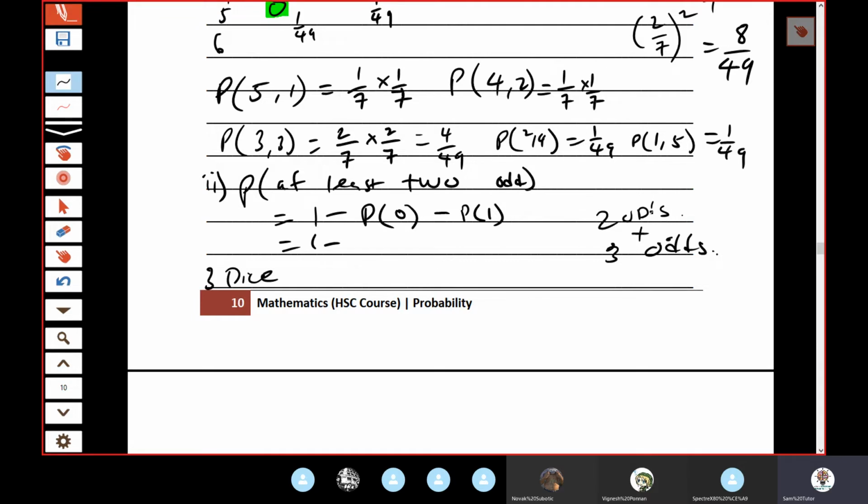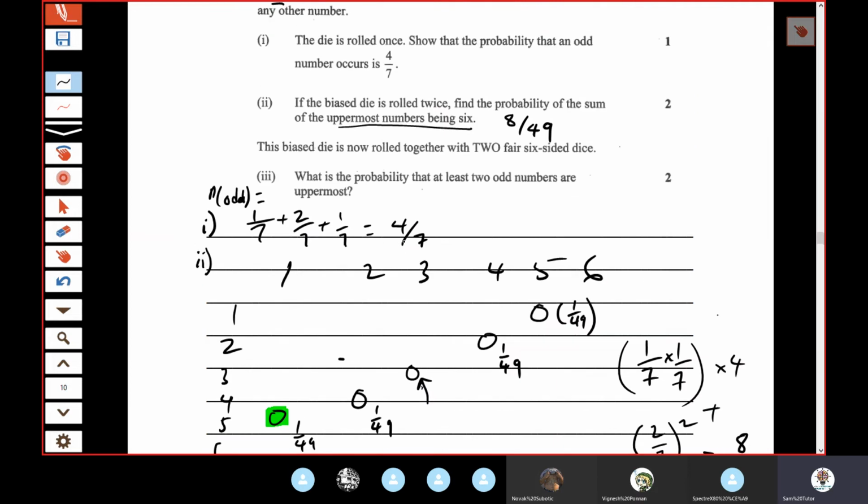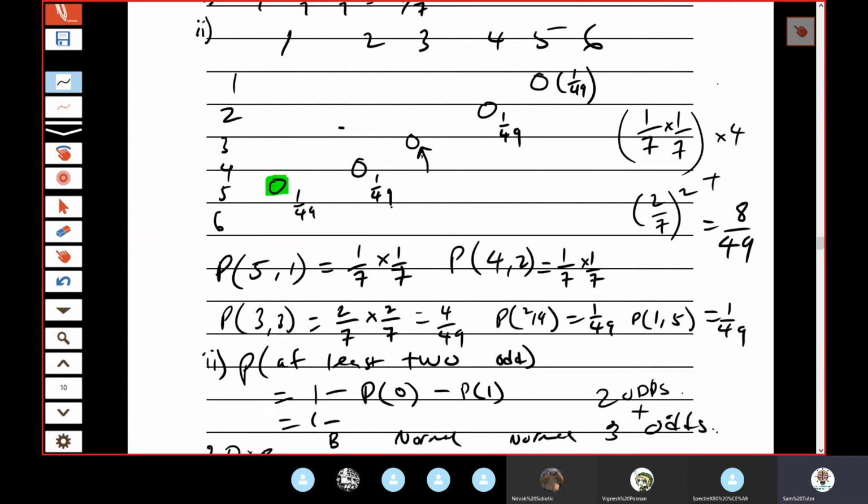So with 3 dice, remember, one's biased and the other 2 are normal. Looking at the cases, there's 2 odds and 3 odds. Let's do the 3 odds first, which is easier. For the biased one to be odd, the case we worked out was 4 out of 7.